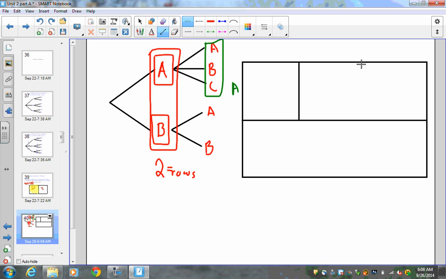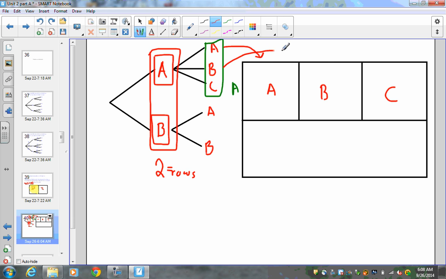I'm going to try to make this as equal as possible. That looks pretty good. I'm going to label this piece A, piece B, piece C, because each option is now represented in each row, like so.